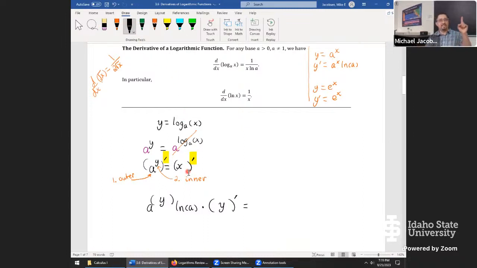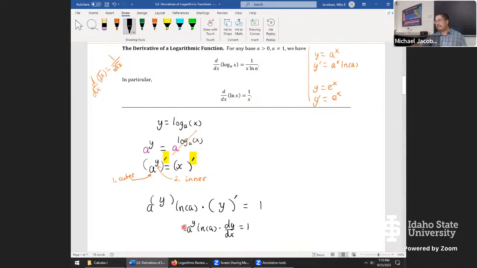The derivative of x is 1. x is not a function of some other variable, so it's an ordinary differentiation formula. So that's how it stands. This y prime, you can just leave it at y prime, or you could call it dy/dx. But we now have a to the power of y times the natural log of a times dy/dx is 1. That means you can solve for dy/dx.